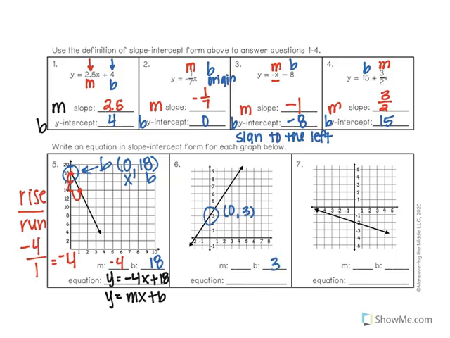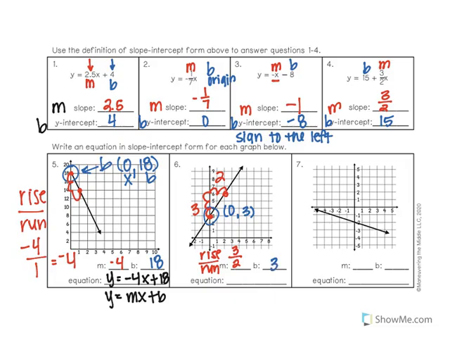I can see that everything's going by 1, so to find my slope, I'm going to find 2 perfect points, and it could be any 2 perfect points. So here and here, I can see that I'm going to rise up 1, 2, 3. I'm going to run 2, 1, 2. So my rise over my run is 3 over 2.